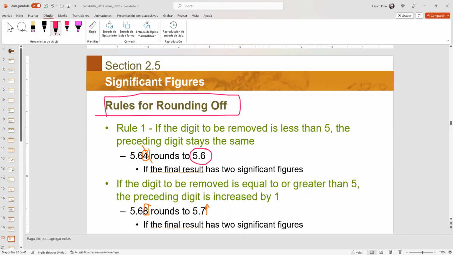If in this case, the first digit that you are going to skip is higher than 5, then you round up and your answer will be 5.7. And this number has 2 significant figures, as in this case. Let's continue.